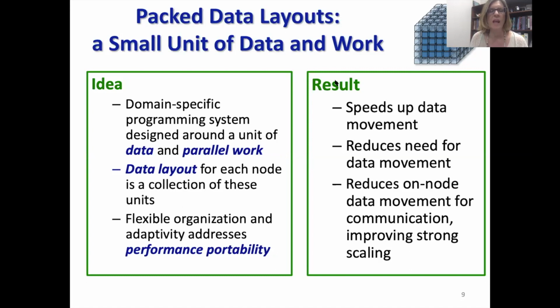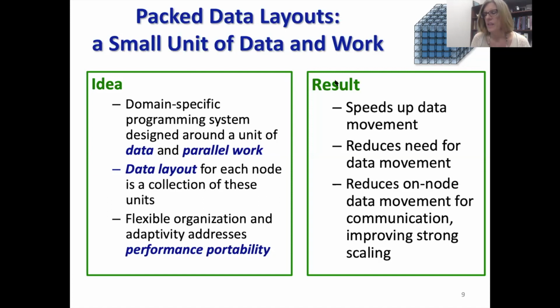And we have a flexible organization in this layout, in that we can both reorder the data and aggregate the data in different ways for different architectures. And we can even change the size and shape of this unit of data. And so this flexibility provides performance portability.